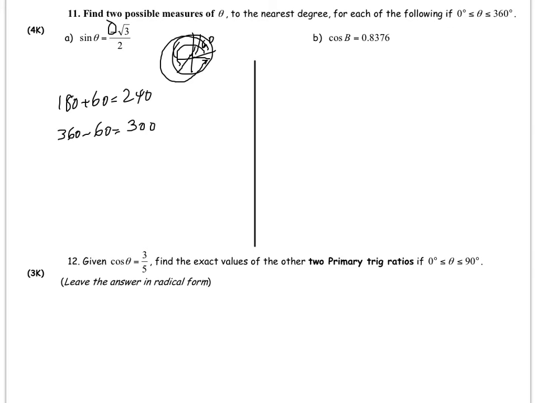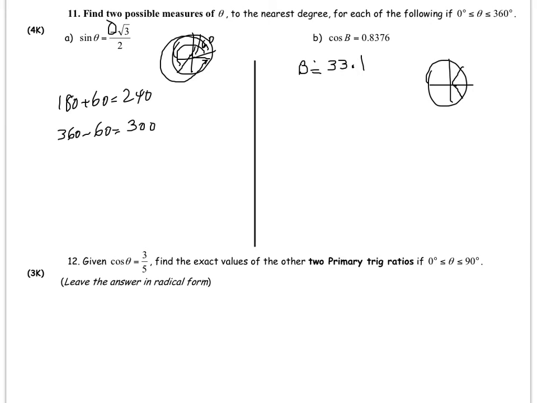The next question says that cos B is 0.8376. If you use your calculator, you will find that this corresponds to angle 33.1. Since the cos is positive, again, if you look at the unit circle, you know that the cos is positive in the first quadrant, which is 33.1, and also cos is positive in the fourth quadrant, which is here.